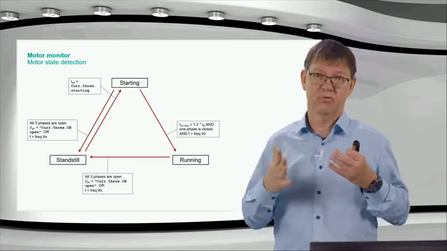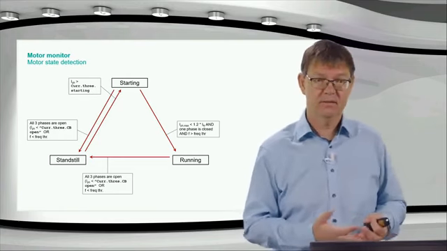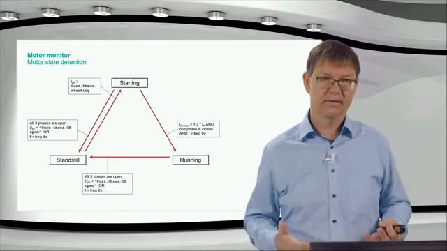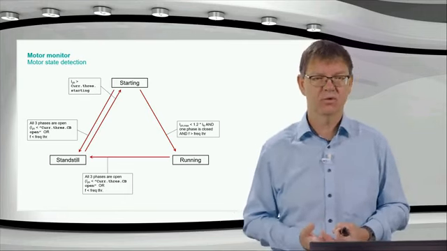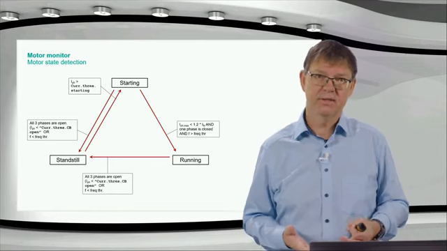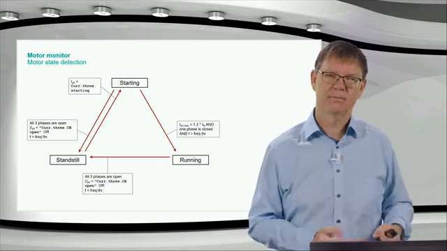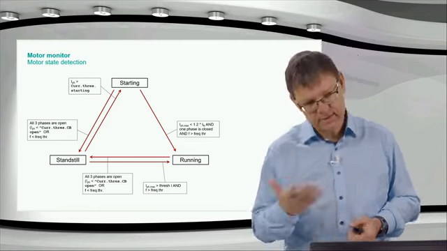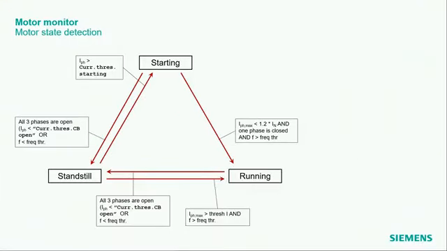Okay, I can come from running to standstill again when all the three phases are open. So again, the current criterion we discussed before, or the frequency is smaller than a threshold. Okay, and then we have a path from standstill to running. How can this be?